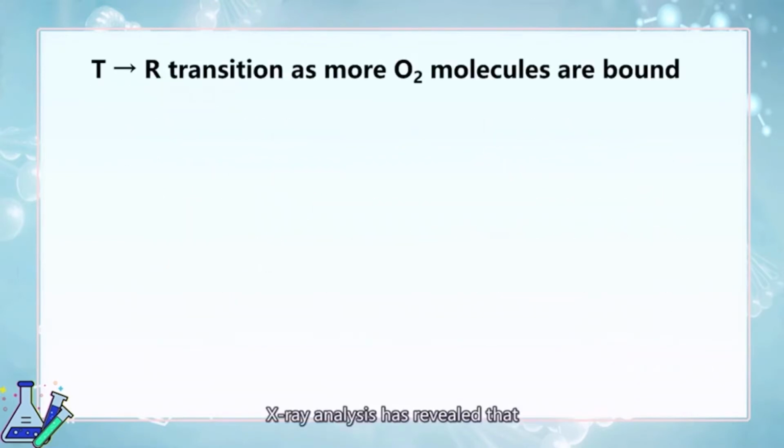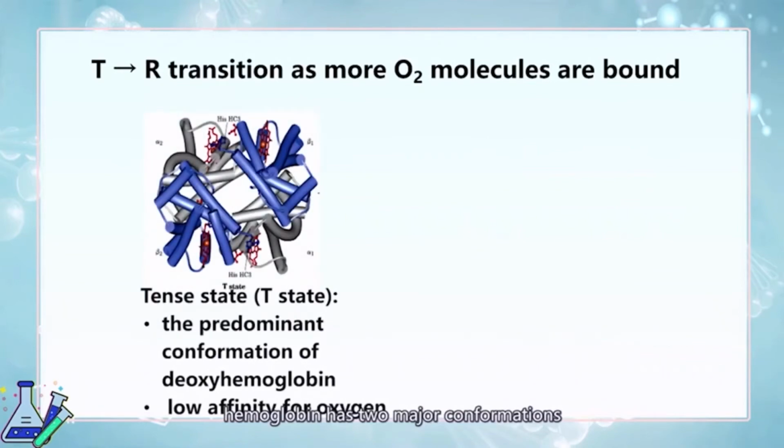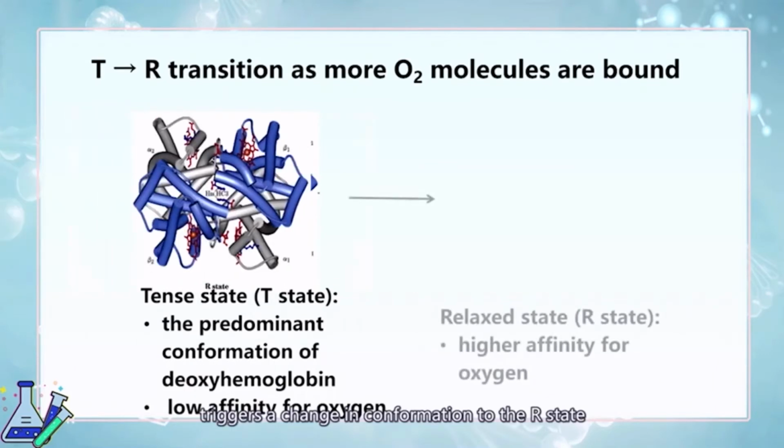X-ray analysis has revealed that hemoglobin has two major conformations, the R state and the T state. The T state is the predominant conformation of deoxyhemoglobin, which has a low affinity for oxygen and is not readily bonded to oxygen. The binding of oxygen to a hemoglobin subunit in the T state triggers a change in conformation to the R state.